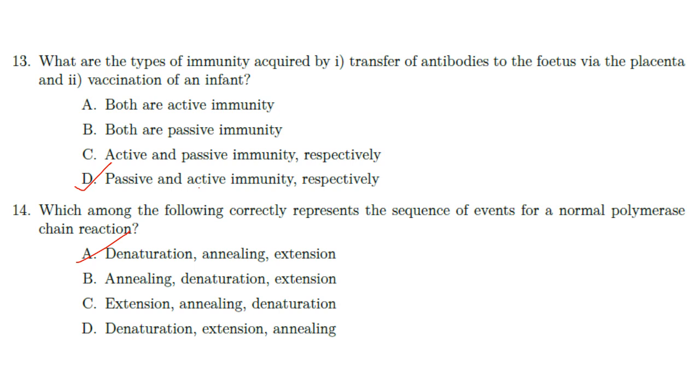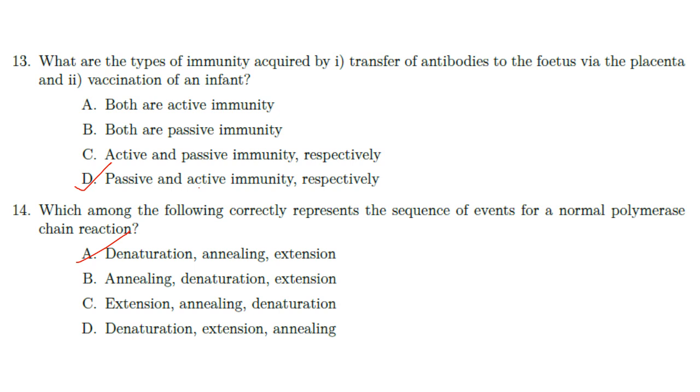Now active immunity, it results when exposure to disease organism triggers the immune system to produce antibodies to that disease, as in the case of vaccination. And passive immunity is provided when a person is given antibodies to the disease rather than producing them with his or her immune system. So that is passive immunity.